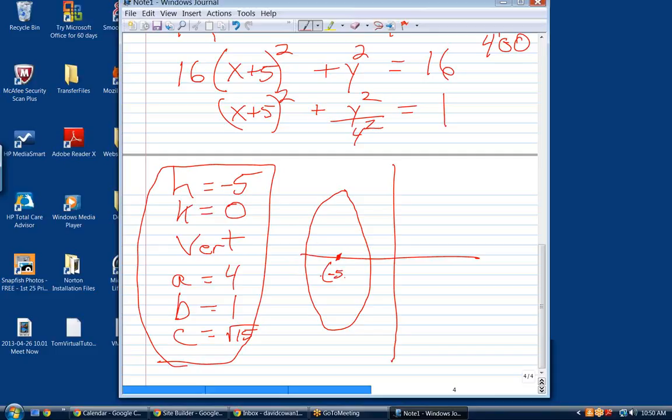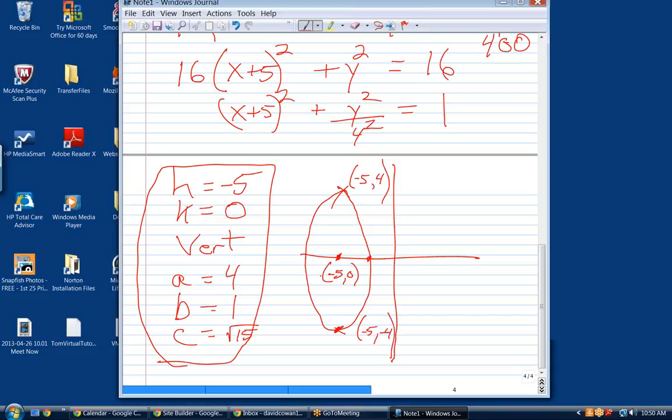You have to shift it to the left 5 places. Well, what are the coordinates on that? That would be negative 5, 4. Coordinates on this one: negative 5, negative 4.